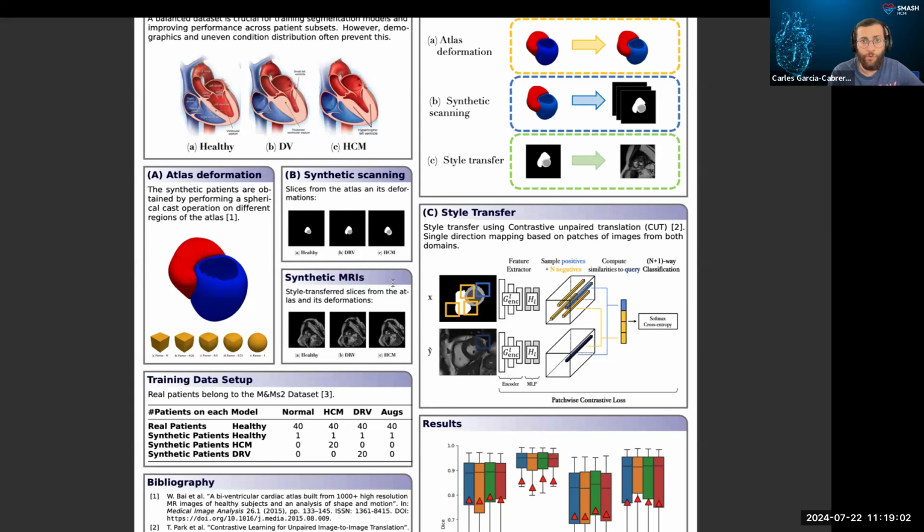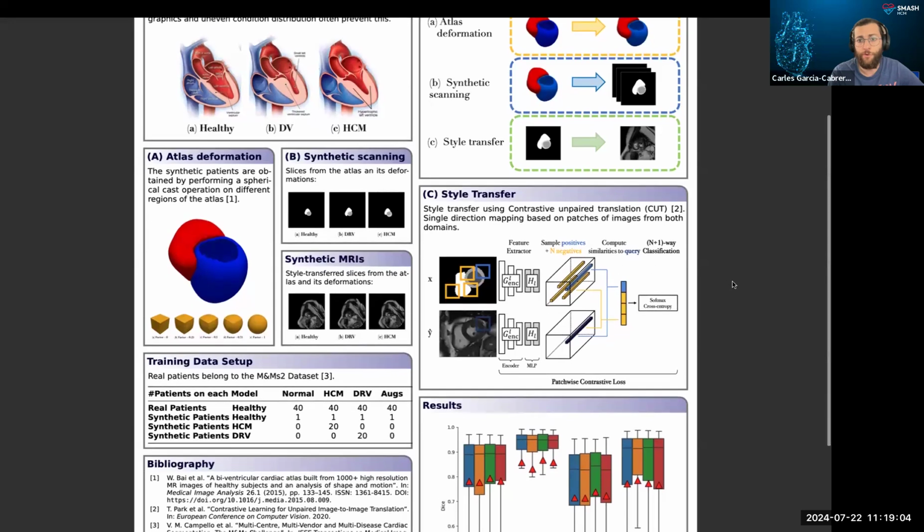The way to achieve that, in our case, was by training a generative model that does image-to-image translation, using contrastive unpaired translation. Basically, this ensures spatial consistency while also learning representations by learning from negative examples.